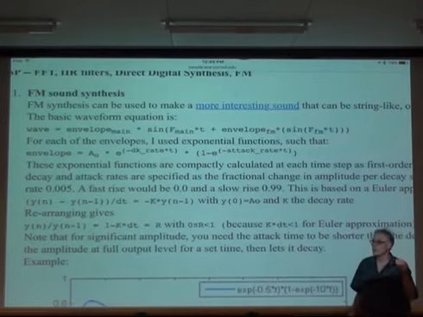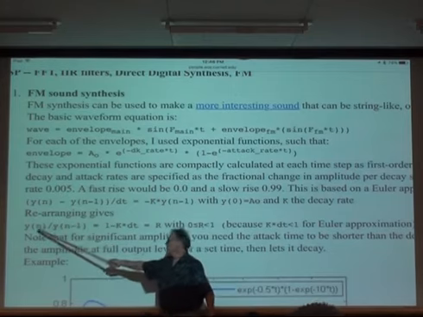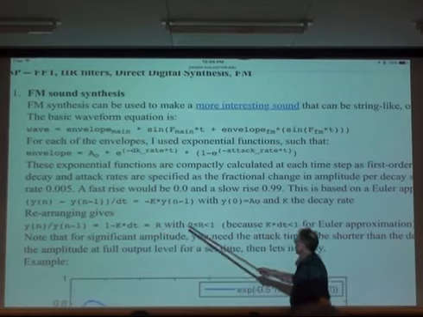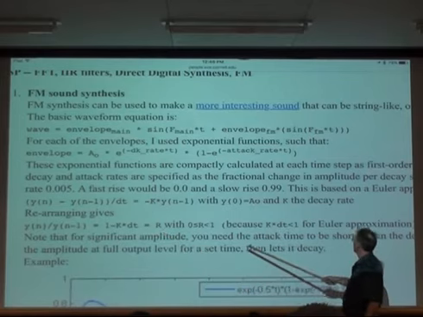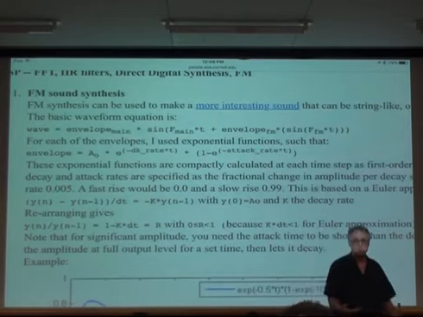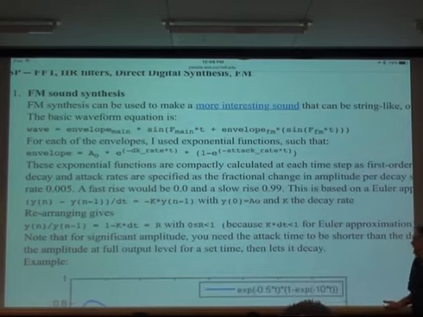If you know the last value of the amplitude, you can calculate the next value of the amplitude just by multiplying by a number. So you take r times y of n minus 1, you get the new sample. You step through in time, say once per interrupt service routine, and you generate an exponential decay for the cost of 1 multiply.